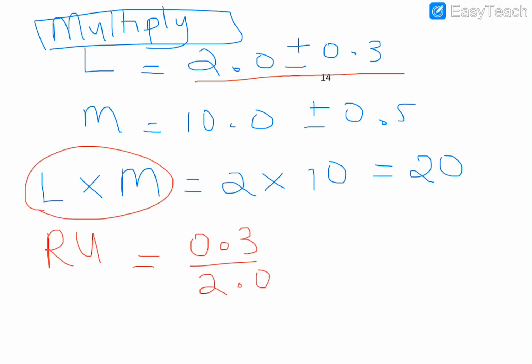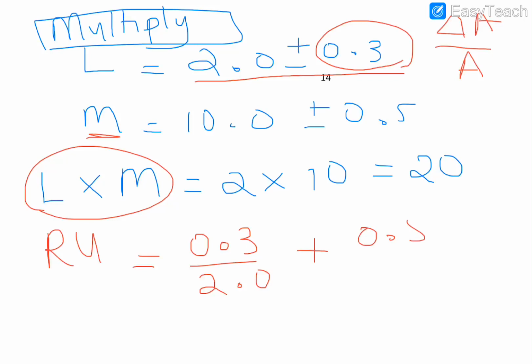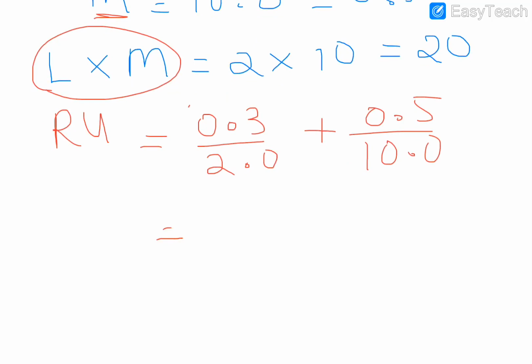Remember, relative uncertainty is the absolute uncertainty, delta A, over the value. Okay, so remember this. And this is going to add with the relative uncertainty of this one. So again, delta A over A. So 0.5 over 10.0. Okay, do the maths. If you're working that out on your calculator, make sure you include brackets, and you should get 0.2.